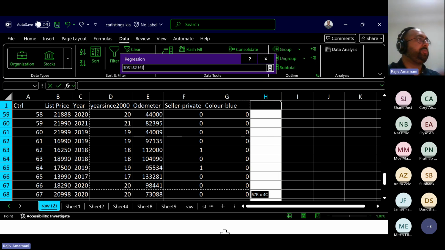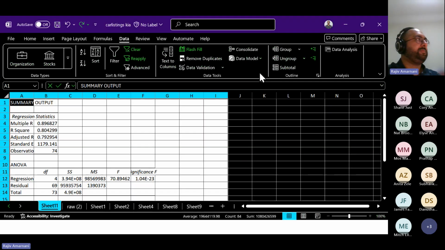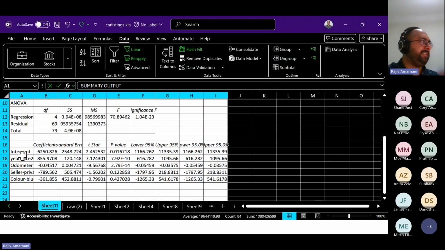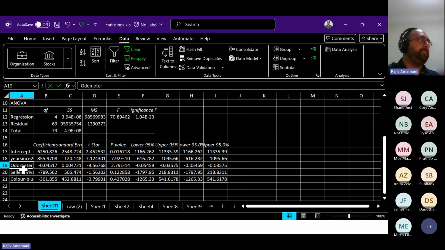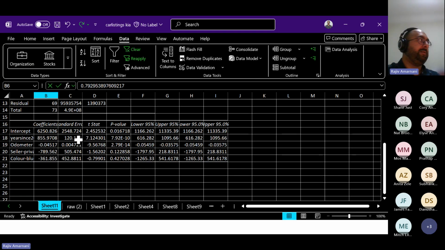Now we have a much more sparse model, fewer predictors. Only have years, odometer, seller, color. Okay, years and odometer still playing a big role in the predictive model. R square is still great. We're looking good. Color blue is not adding much. Let's drop it.